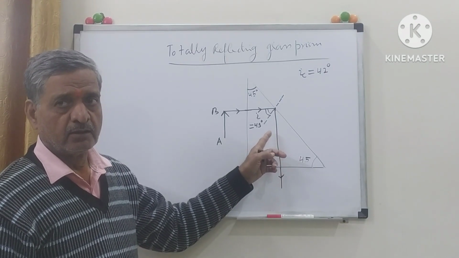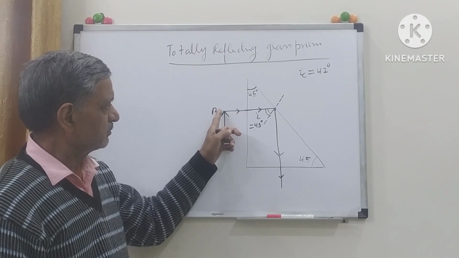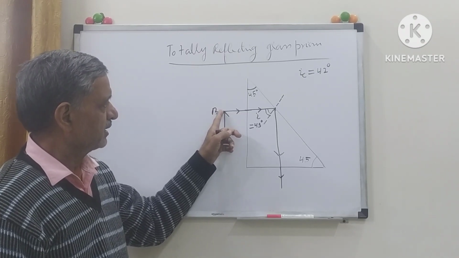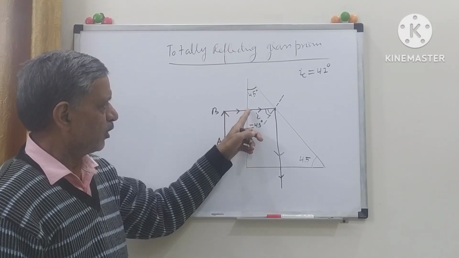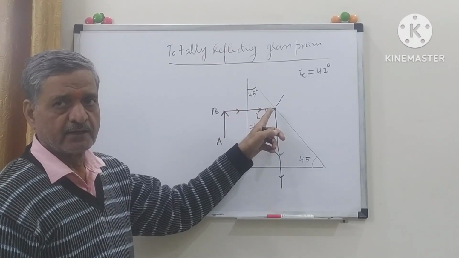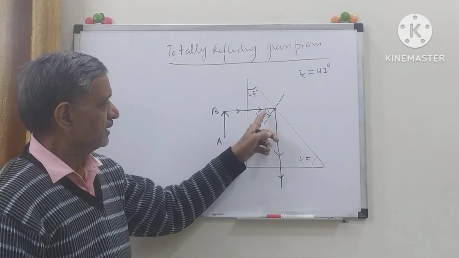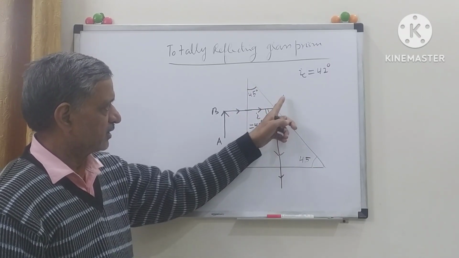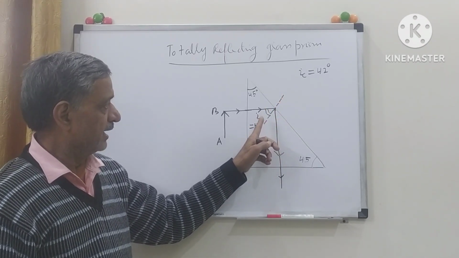This is clear? Okay. See, the ray that starts from B, at this face, it is normal, so it will go straight. At this particular face, it is not normal, so we will write normal here. So this is the angle of incidence.